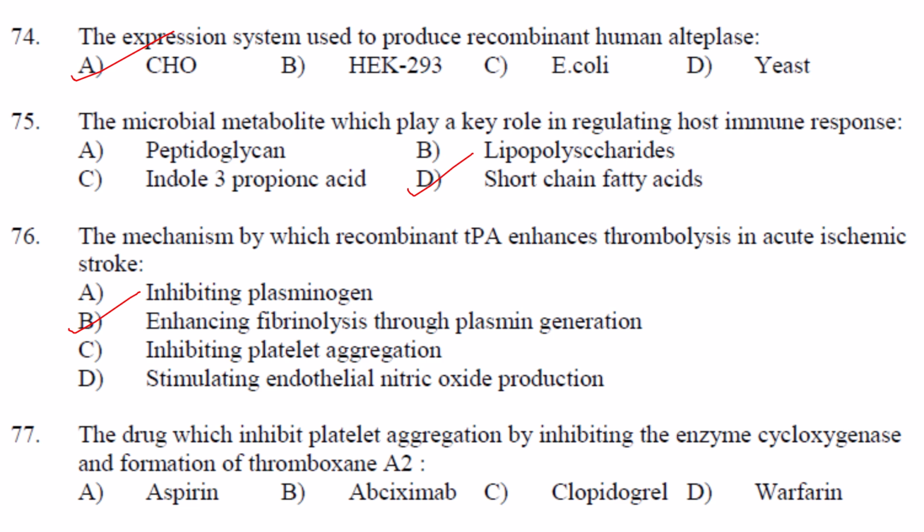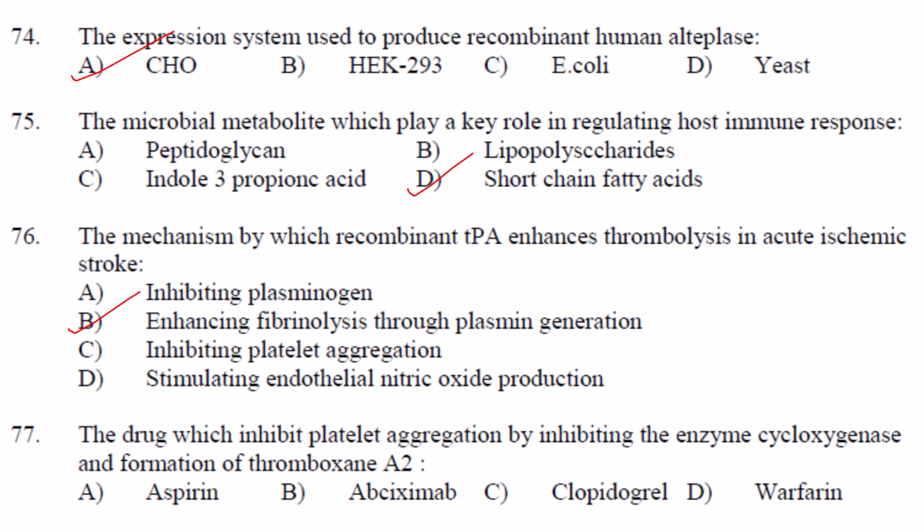The drug which inhibits platelet aggregation by inhibiting the enzyme cyclooxygenase and formation of thromboxane A2. So it is aspirin, and it inhibits the enzyme cyclooxygenase in platelets, and this inhibition will block the conversion of arachidonic acid to prostaglandin, and prostaglandin is a precursor of thromboxane A2.